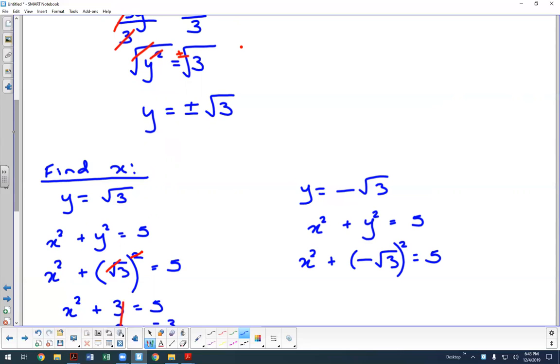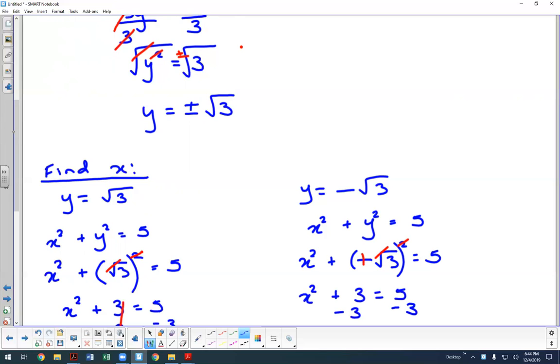Negative times negative? Positive, right? So here's something, either you write it out or just remember that you are basically taking a square on that negative square root of 3. So negative times negative will become positive. And additionally, the square root will cancel out the square, right? So you will again end up getting x squared plus 3 equals 5.